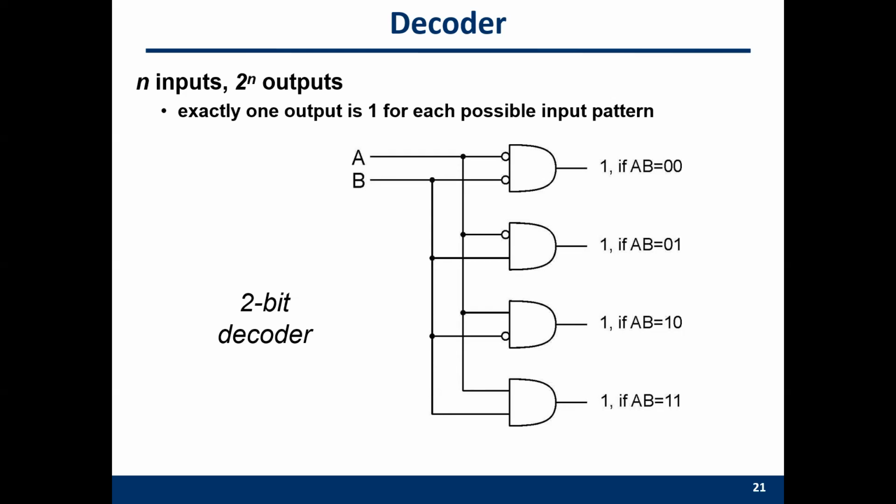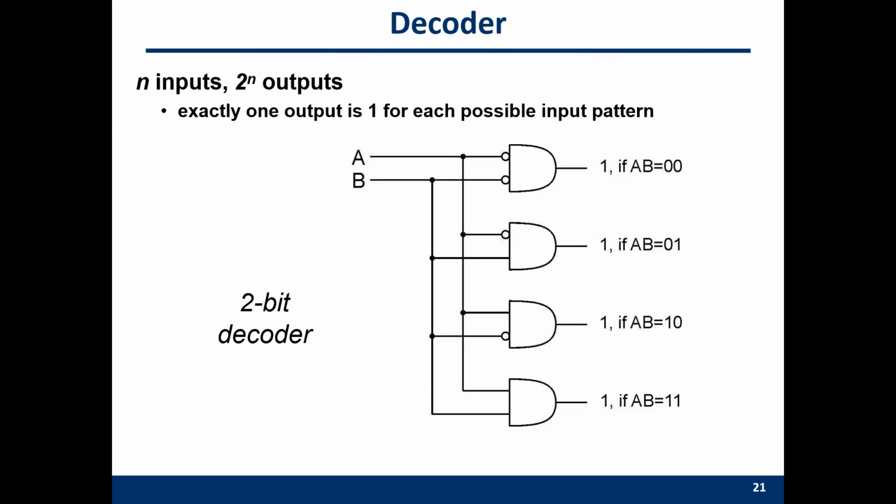Because we have A and B, 2 variables or 2 inputs, if you write a truth table, there are 4 rows in this truth table. Each row will generate a 1. So here each row can be represented by 1 output here.